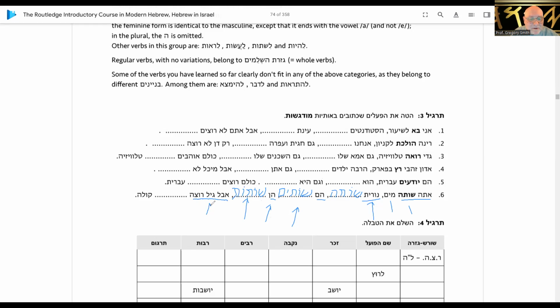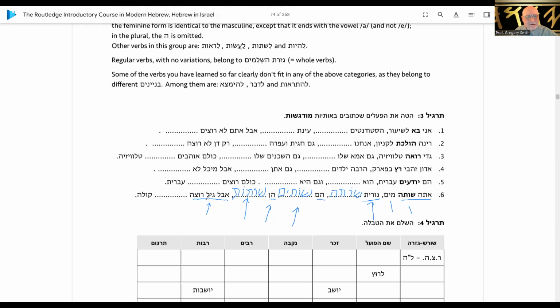Aval Gil rotse. I bet you that's Gil. Let's get that name in there correct. Oh, Gil.